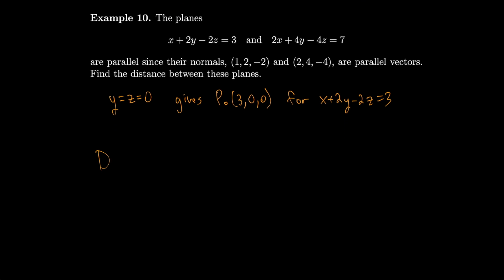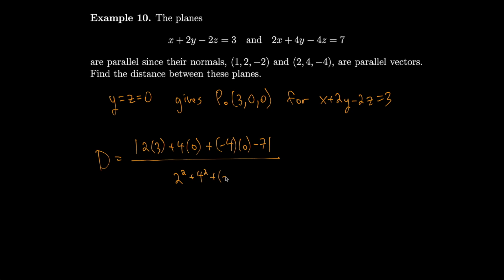So now we just find the distance between that point and the other plane, and that'll be the distance between the two planes. So that's the absolute value of 2 times 3 plus 4 times 0 plus negative 4 times 0 minus 7, over the square root of 2 squared plus 4 squared plus negative 4 squared. And that's just 1/6.